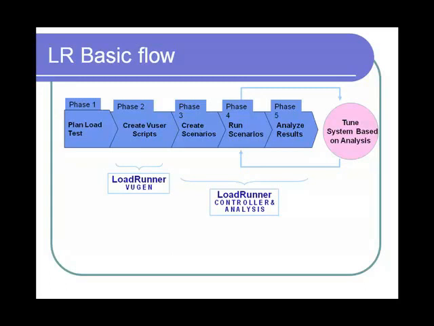Again, if there are any discrepancies, the system is again fine-tuned, and again the entire cycle is repeated up to a point where the deviation between the expected value and the actual value is very small. So this is the basic LR flow consisting of 5 phases.